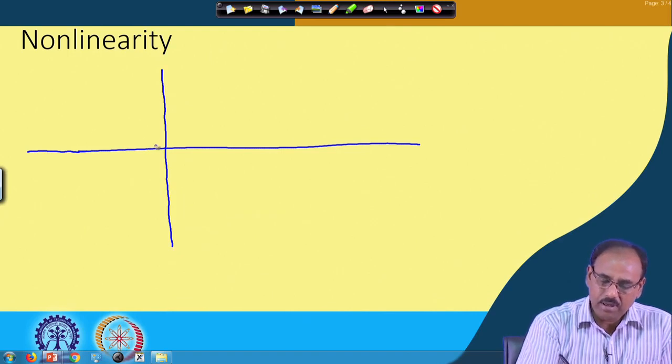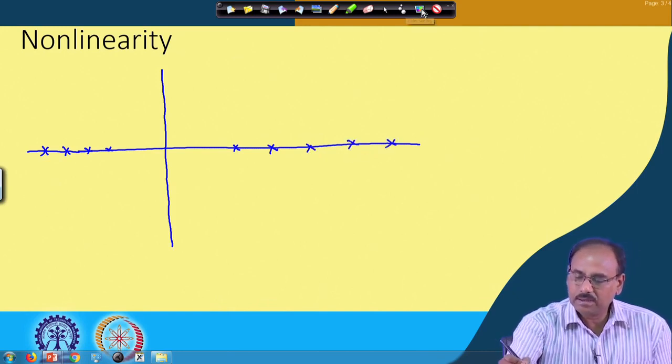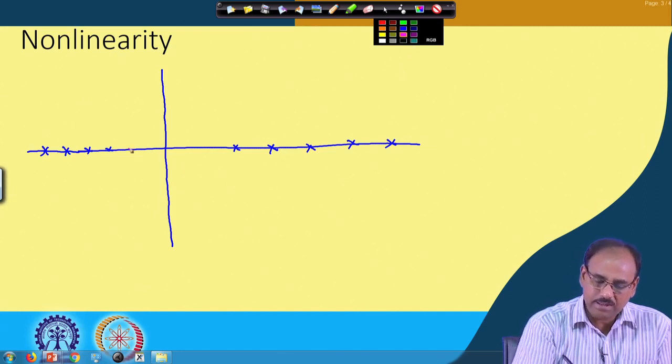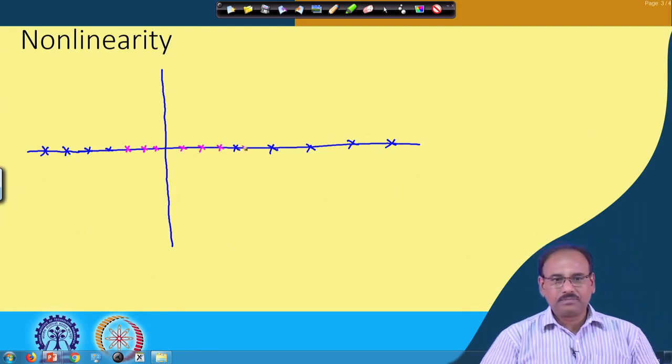I have a set of samples like this that belong to one class, and I can have another set of samples which I am marking in pink, which belong to a separate class.